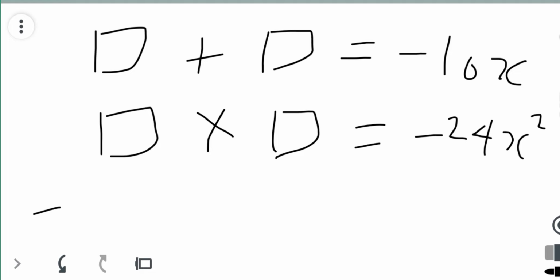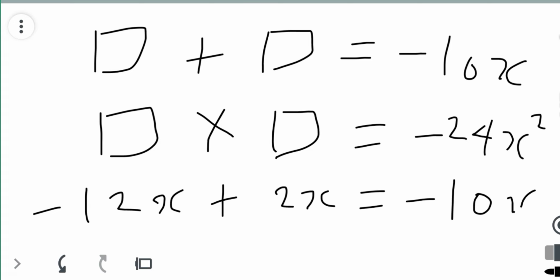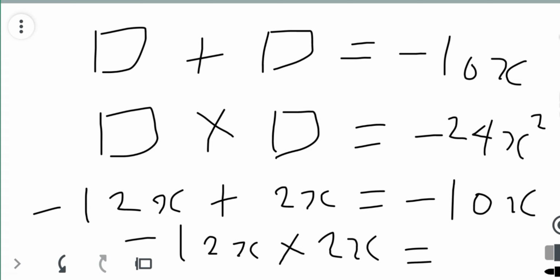Minus 12x, don't forget we have x here. So minus 12x plus 2x gives us minus 10x, which is the first condition. So we are good with the first one. And as well, minus 12x multiplied by 2x gives minus 24x squared.